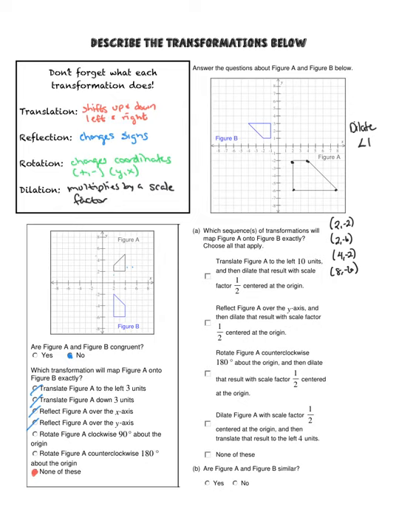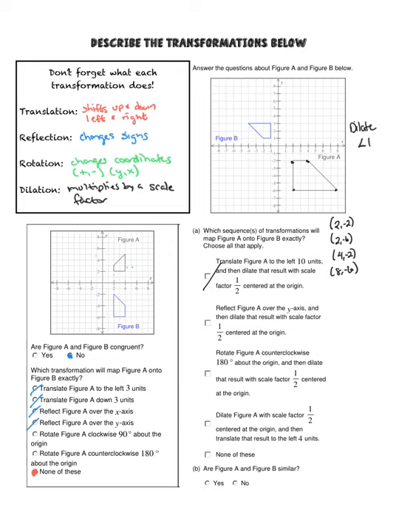So now let's look. This says translate figure A to the left 10 units and then dilate that result. Well, if I go to the left 10 units, I go from quadrant 4 to quadrant 3. And that's all I do? That's not enough. I have to at least reflect.